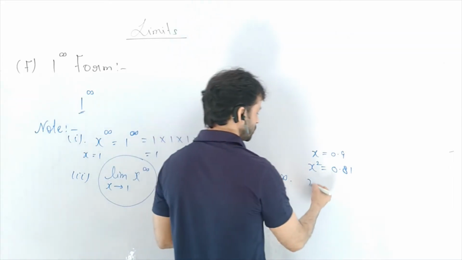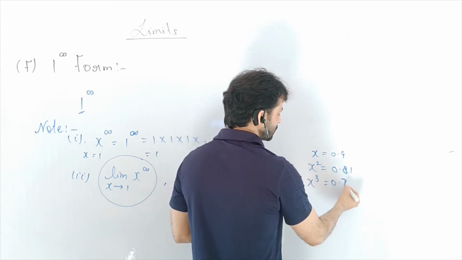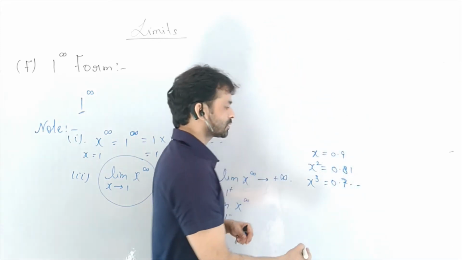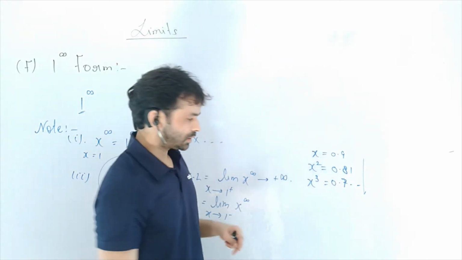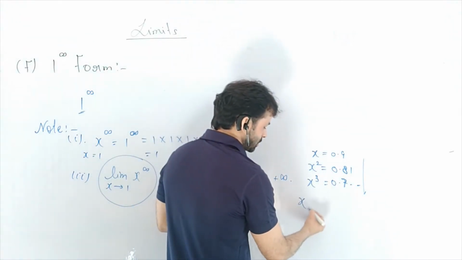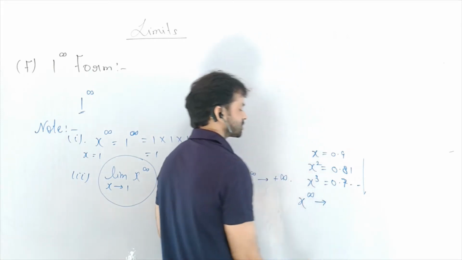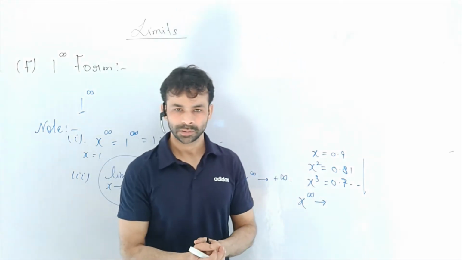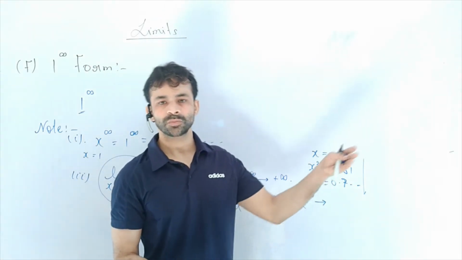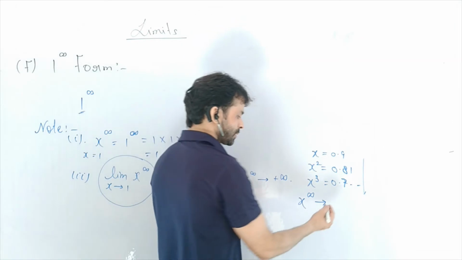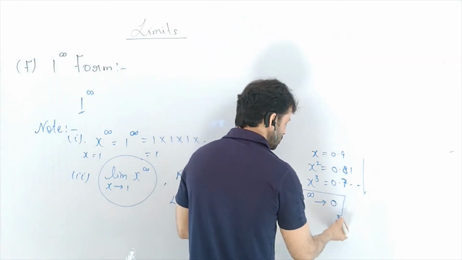I take the cube, 0.7 something, the value decreases. So this will keep on decreasing, and as I take the power to be infinite, very large, this will become 0.0000000 with so many zeros, which means it will tend to 0. This you have to remember.